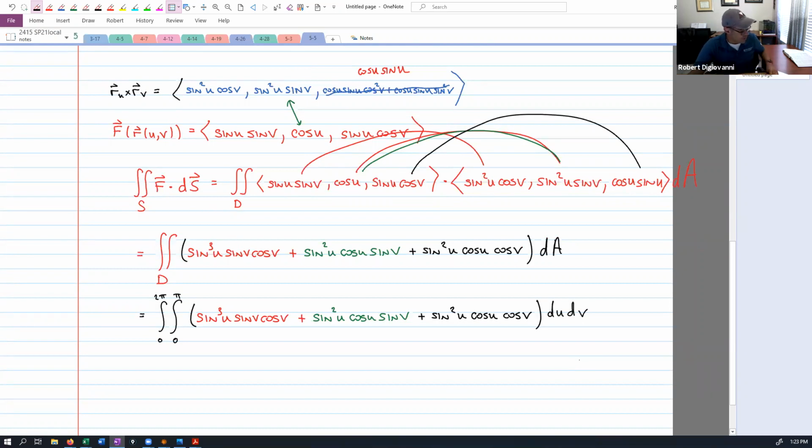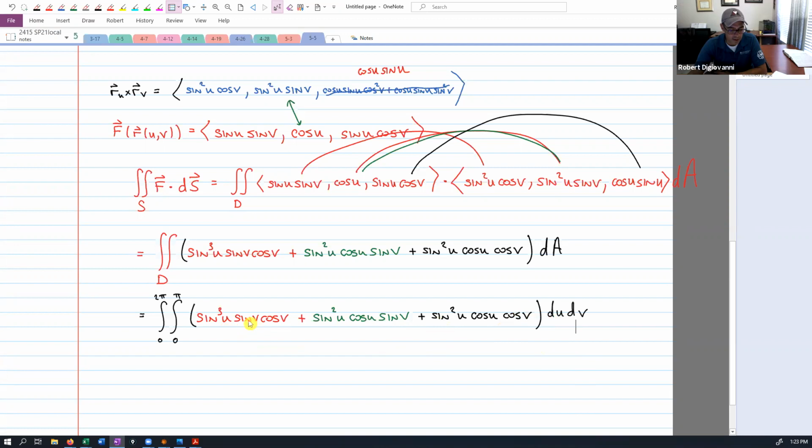So could you integrate that? It's doable, right? It'll take a while to do this because you'll have to do it with respect to u first.